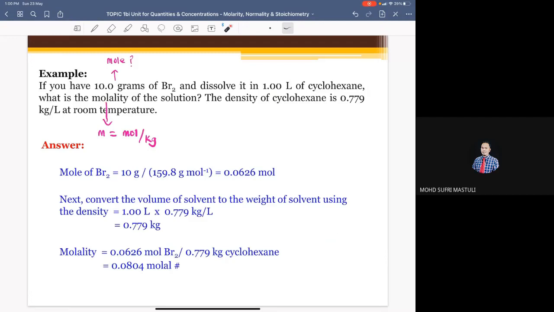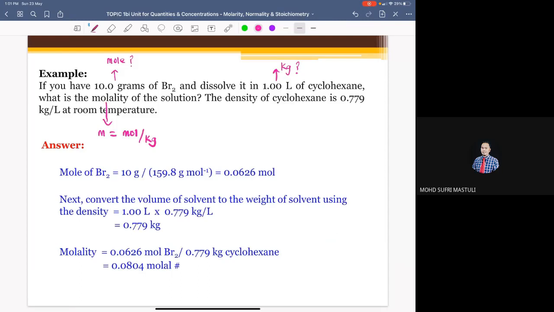So you have to calculate in 1 liter how many kilo of cyclohexane. This is why you have to use the density.